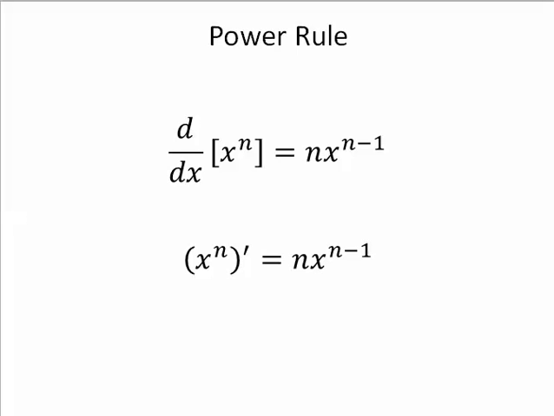We can also express this by saying that the derivative of x to the n with respect to x is equal to n times x to the n minus 1, and x to the n power, prime, is equal to n times x to the n minus 1.